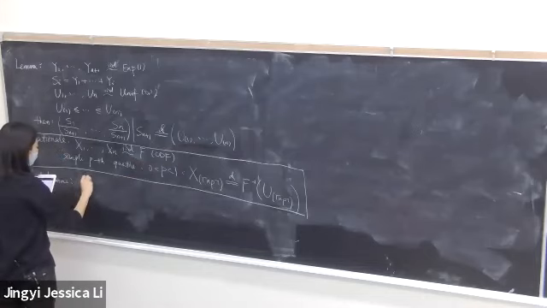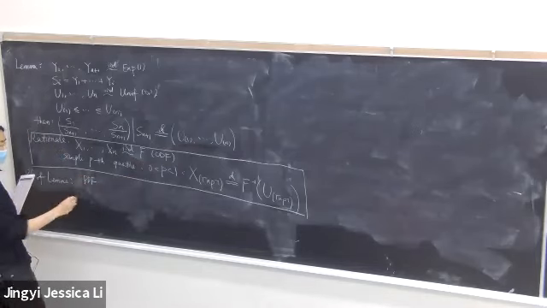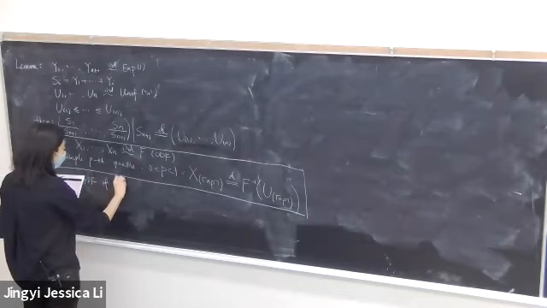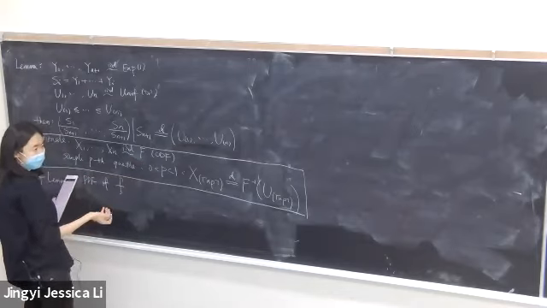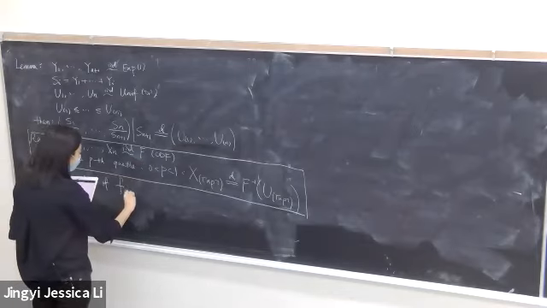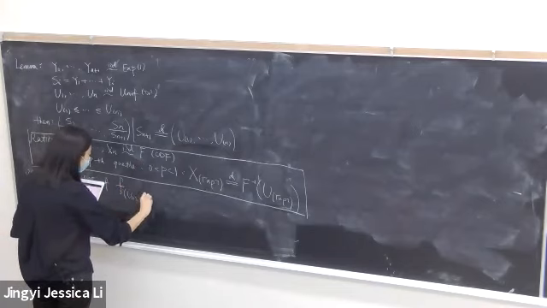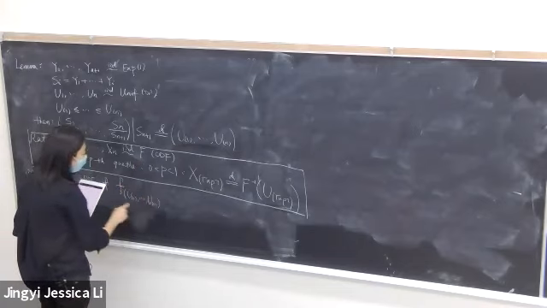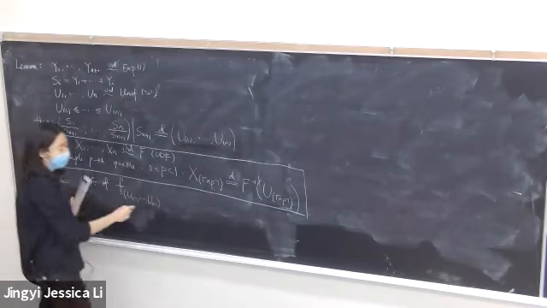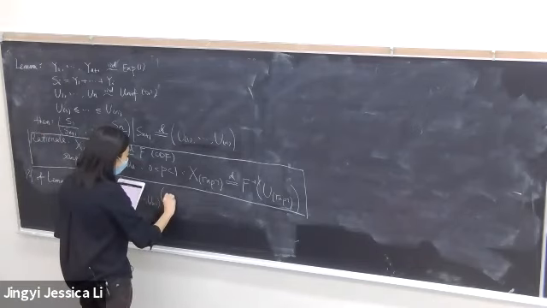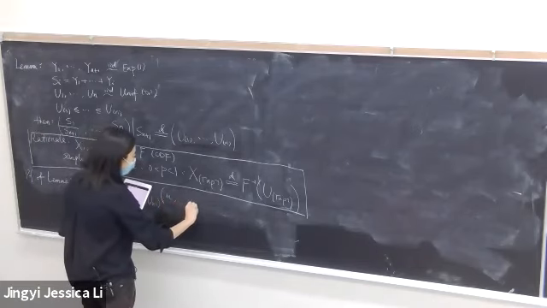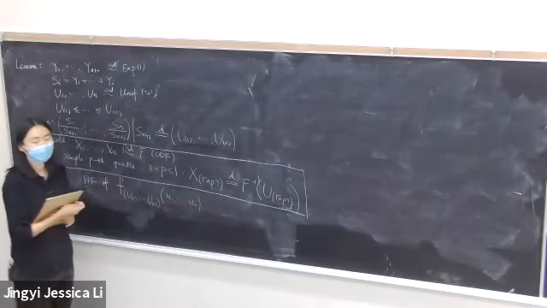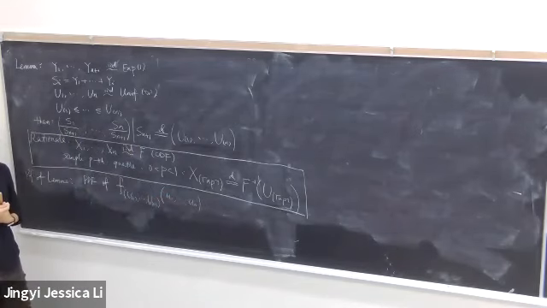The probability density function, I use the lowercase f for the vector U(1) to U(n). If I evaluate them at lowercase u1 to lowercase un, at those n values, what would be the density?